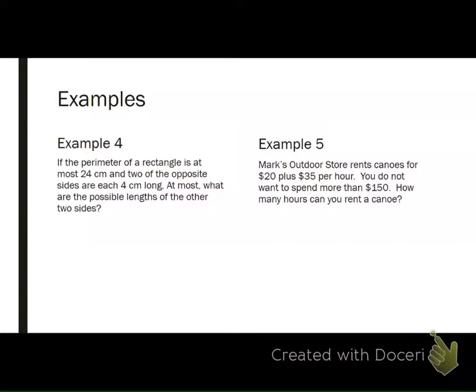All right. If the perimeter of a rectangle is at most 24 centimeters and 2 of the opposite sides are each 4 centimeters long, at most, what are the possible lengths of the other 2 sides? Connor, equation or inequality, and why?